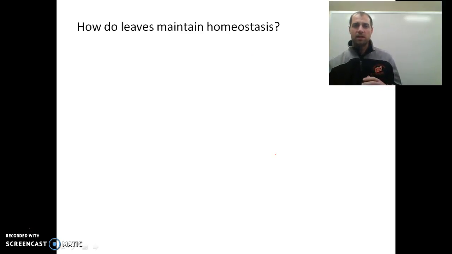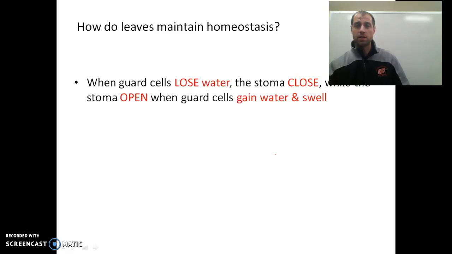Well, how does all of this allow a plant to maintain homeostasis? Photosynthesis in and of itself is creating a way for plants to make their own sugar so that they can create ATP and go through cellular processes that require ATP. And that's part of homeostasis.